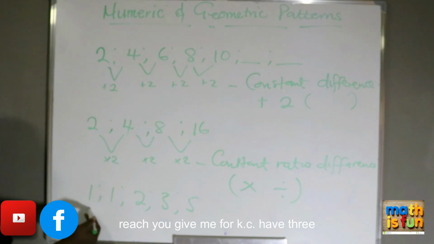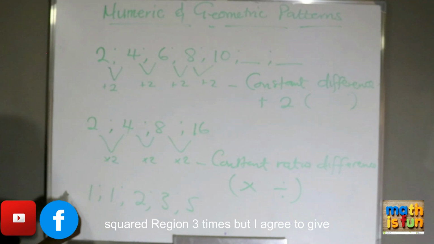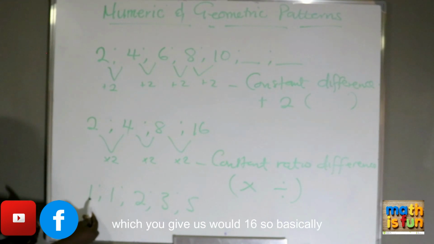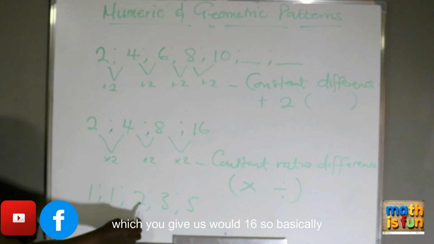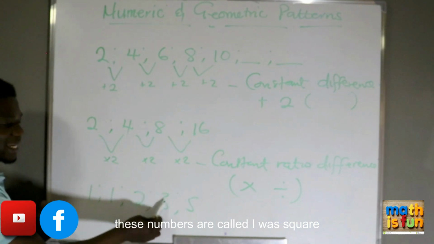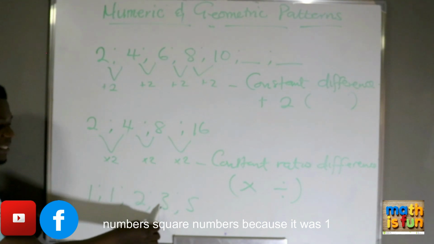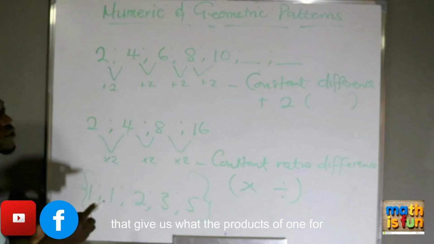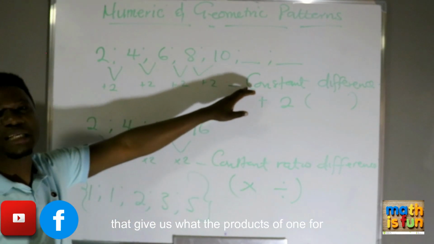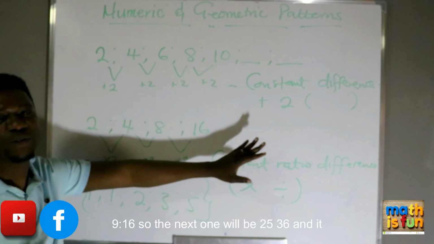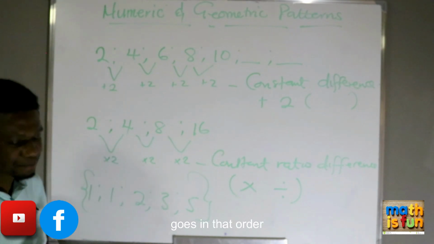If you look at the first term plus the second term, it gives us the third term. The third term plus the previous term will give us the next term. Then this term plus that term gives us this one. So in this particular sequence, it is not following a constant difference or constant ratio. We cannot use any of them in here.